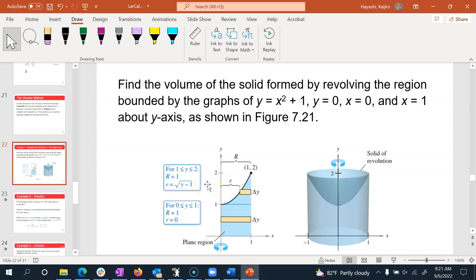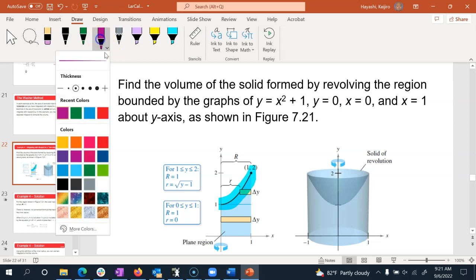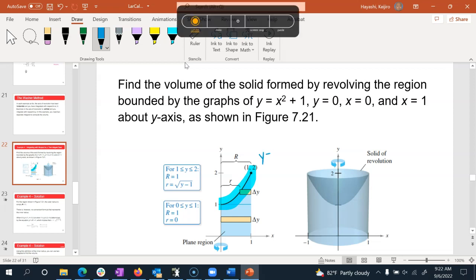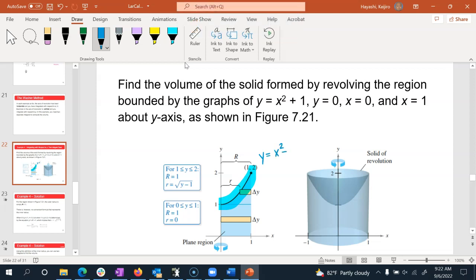Okay, so the top of this region is described by y equals x squared plus 1.